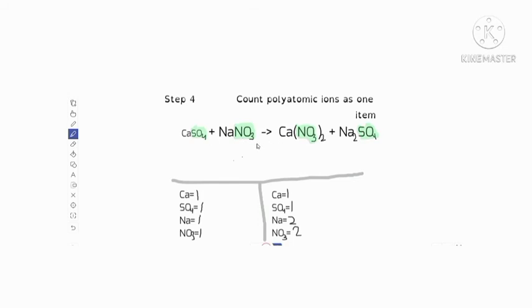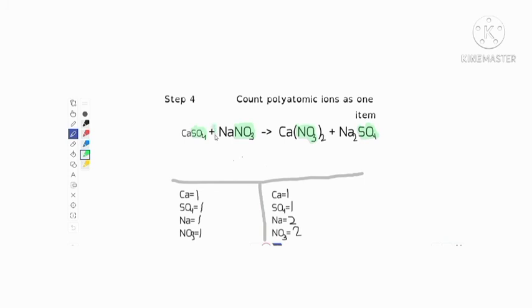Here you can see I have done my accounting below. I have calcium 1 given, so I have written calcium 1 on both sides. SO4, as I have told you, we consider as a single item, so there is one SO4 and I have written one SO4. Like that I have done my accounting. Here we have to balance Na and NO3. To do so, we have to put a coefficient before this.